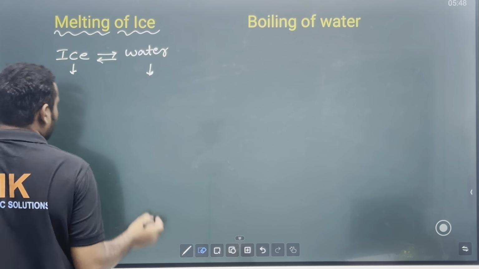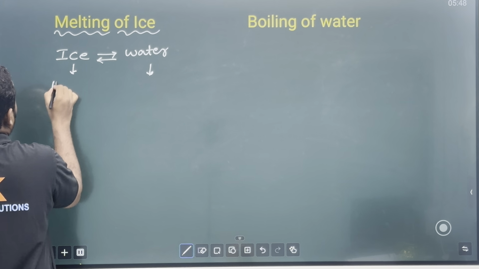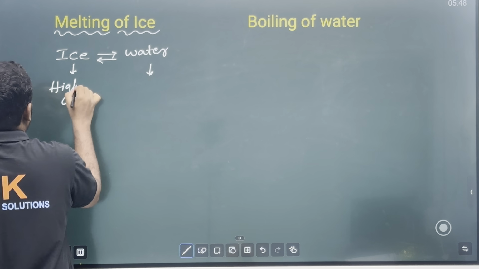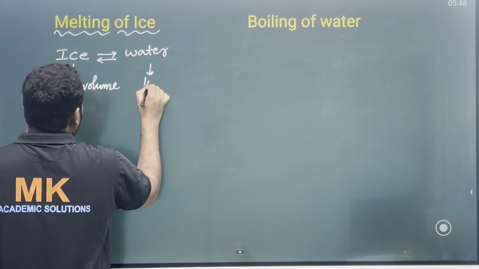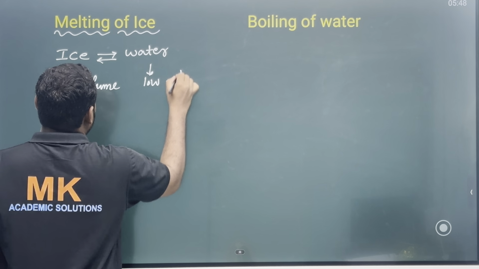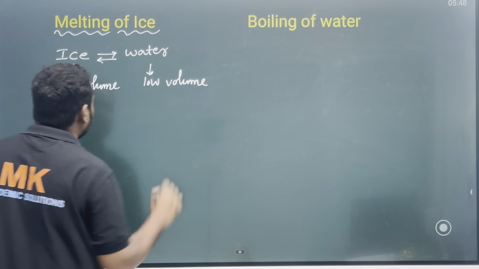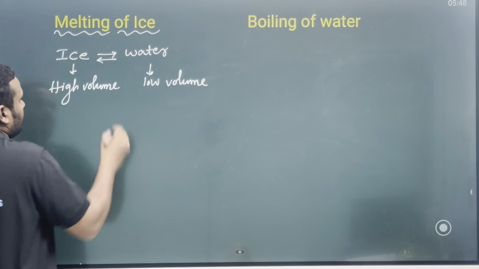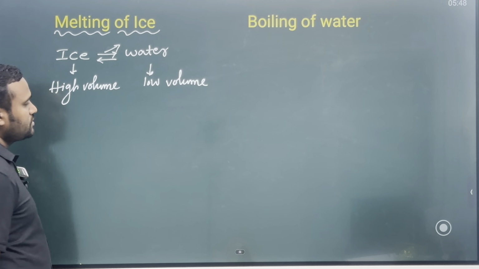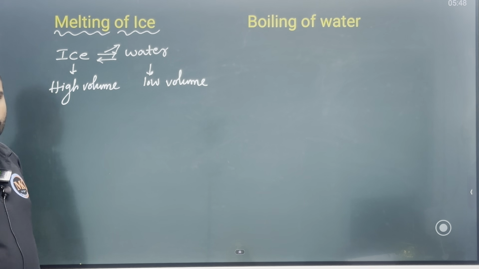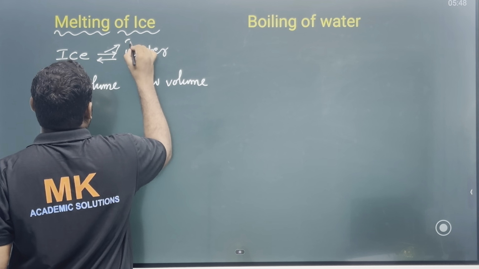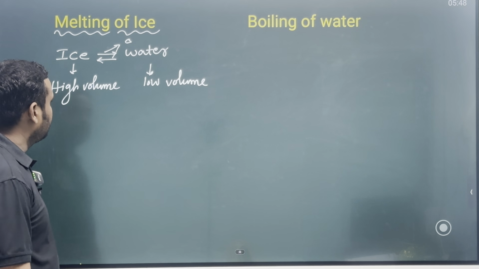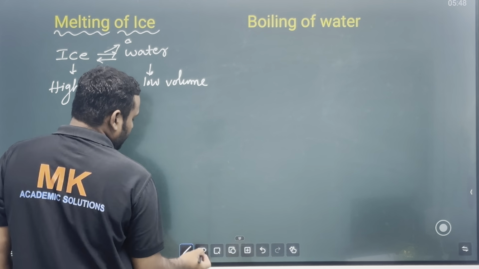So ice has high volume and water has low volume. And here this forward process is exothermic or endothermic? It is endothermic. The forward process is endothermic.